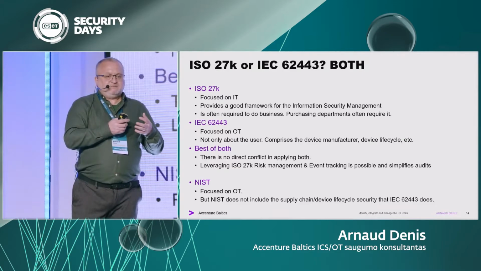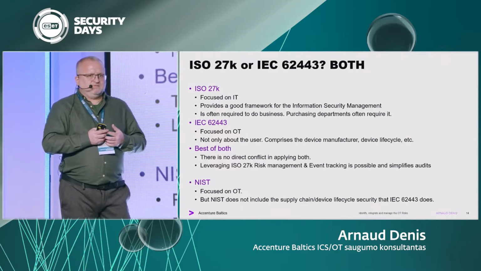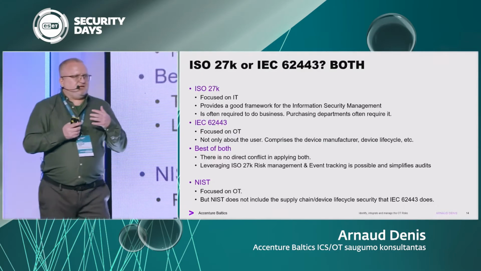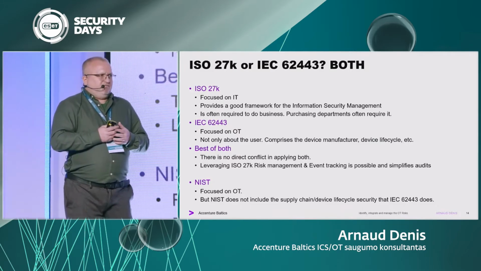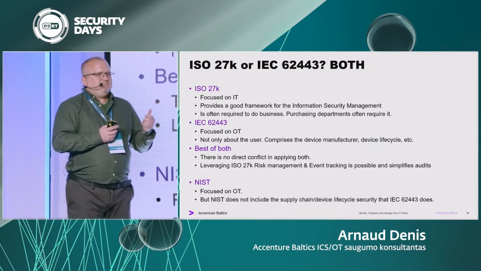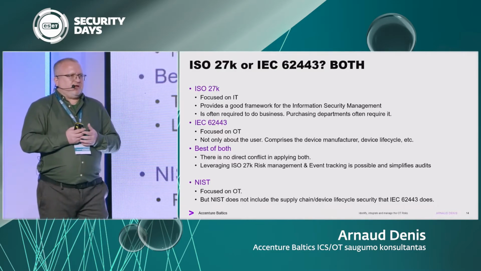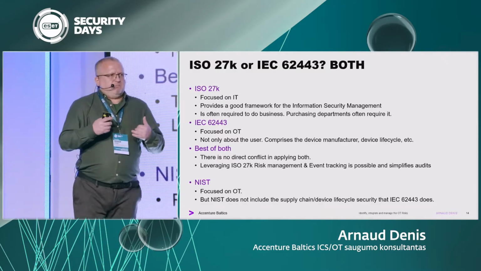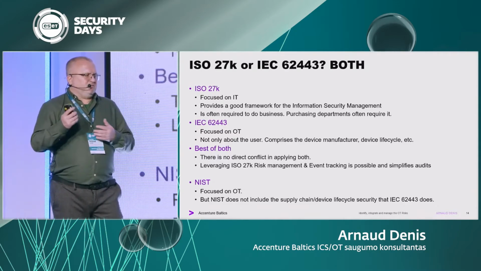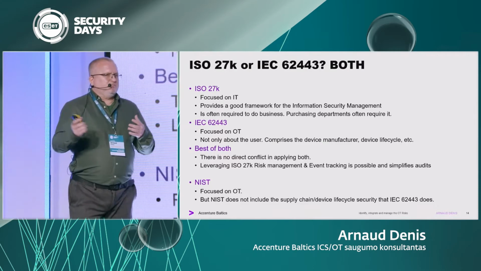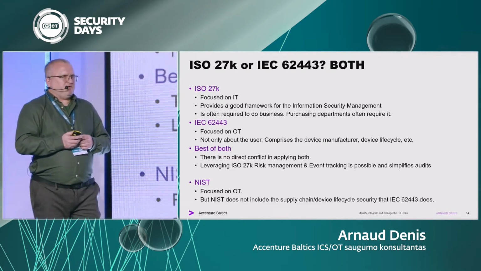You can use that beside your IEC 62443. Okay? So this is really like the best you can do. Alternatively, you might have heard of NIST with a T. That's the American way of doing OT security. It's good, but in my opinion, it does not have that manufacturer secure development lifecycle part to it. And that's why I would prefer 62443.